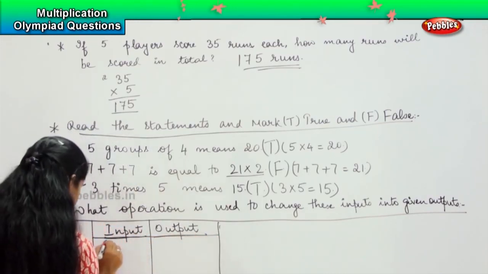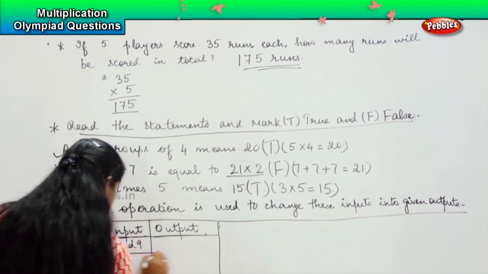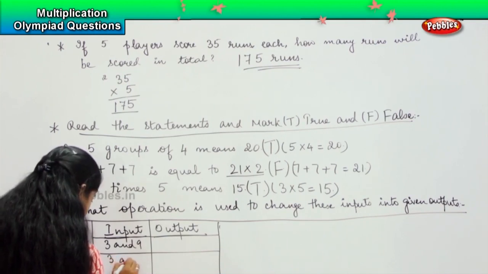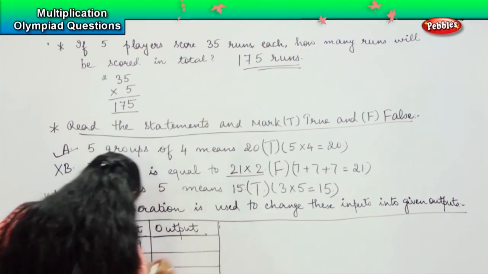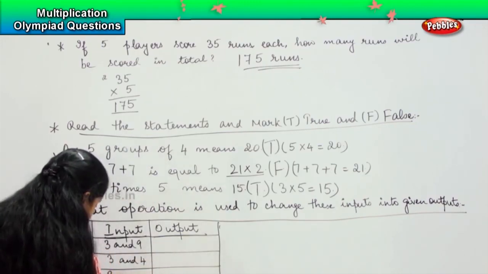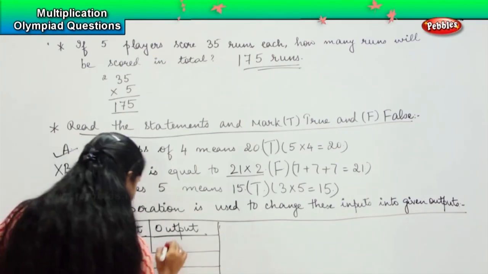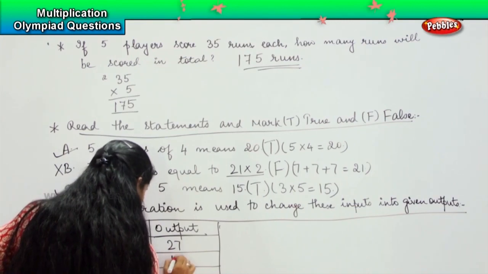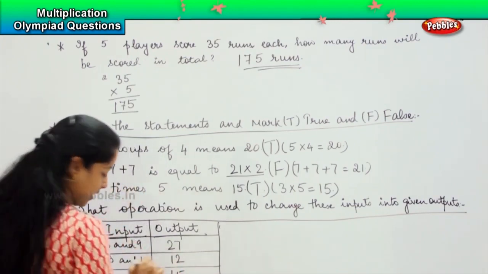The first one is 3 and 9. The second one is 3 and 4. The third one is 3 and 5. And the outputs are 27, 12 and 15. Okay.